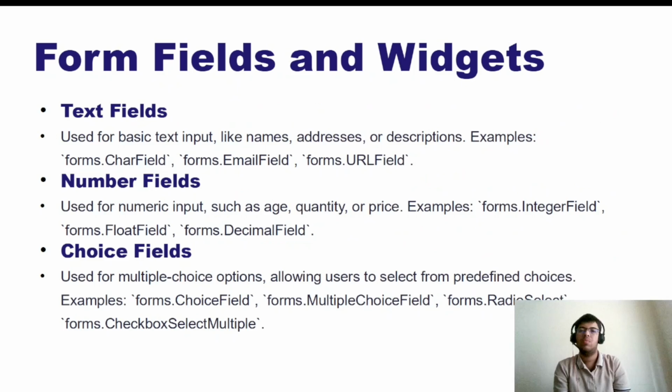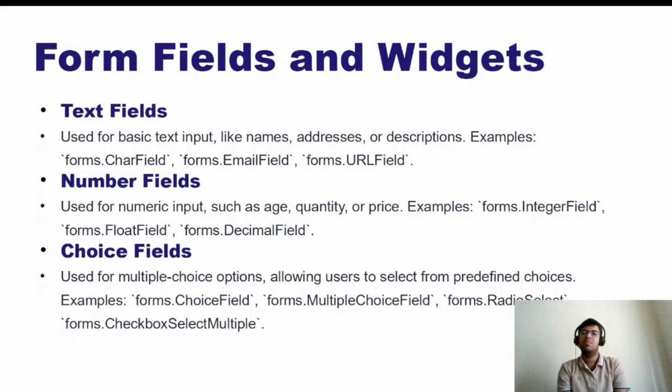Next is form fields and widgets. Now we have various fields in your forms, such as text, number, and choice fields. In text fields, you have various inputs like your name, your addresses, or your descriptions, which can be entered using forms.CharField, forms.URLField, and many other fields like that.